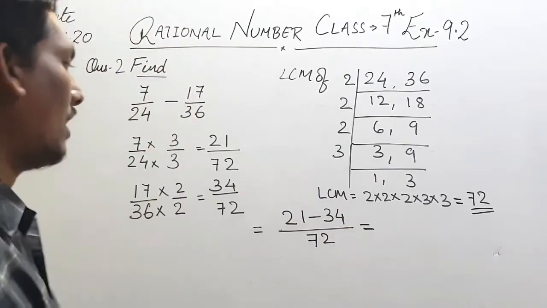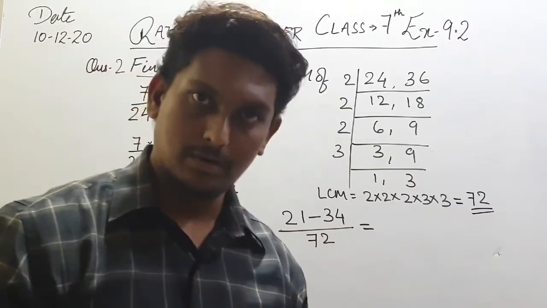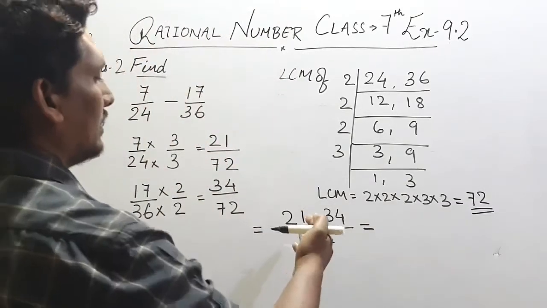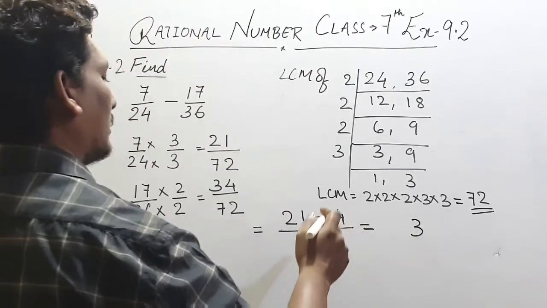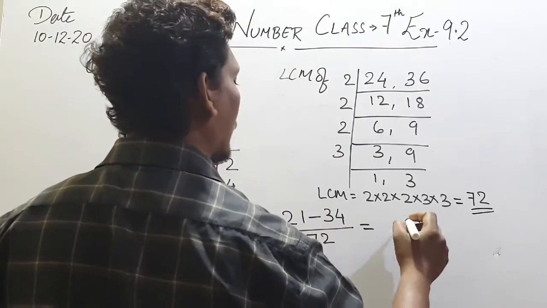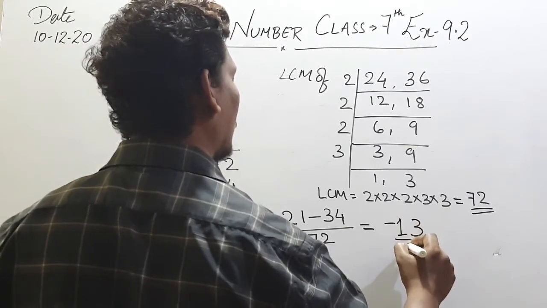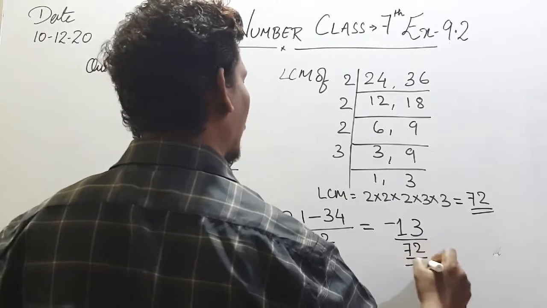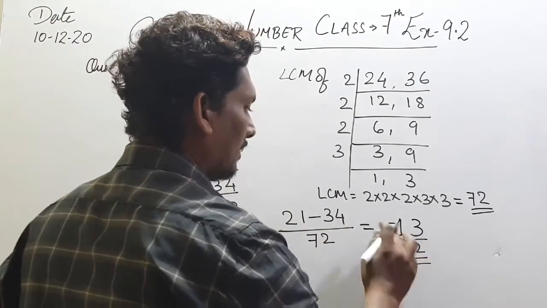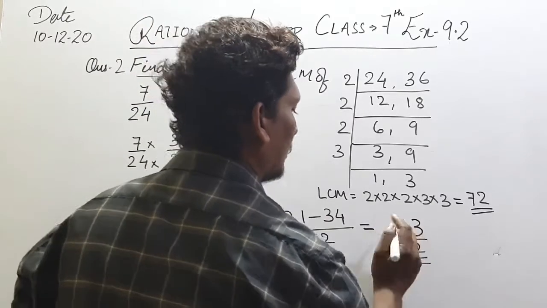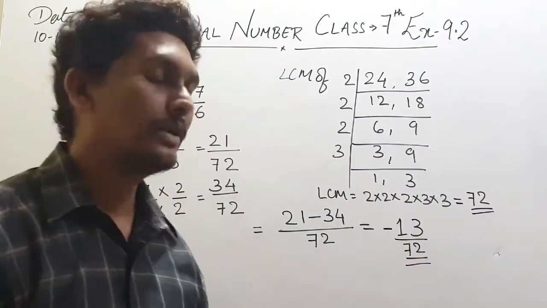Here 34 is greater as compared to 21. So just 4 minus 1, that is 3, 3 minus 2 is 1, so minus 13 upon 72. So this is the final answer, putting the minus sign. So minus 13 upon 72.